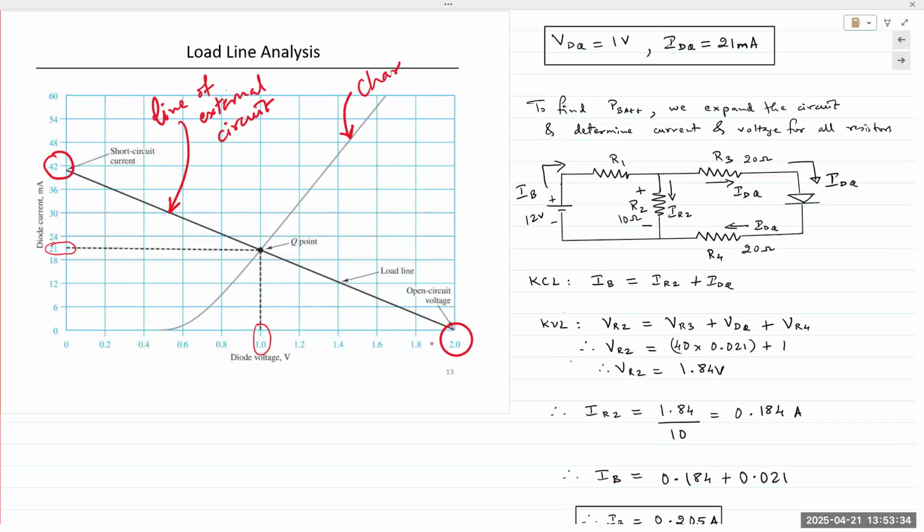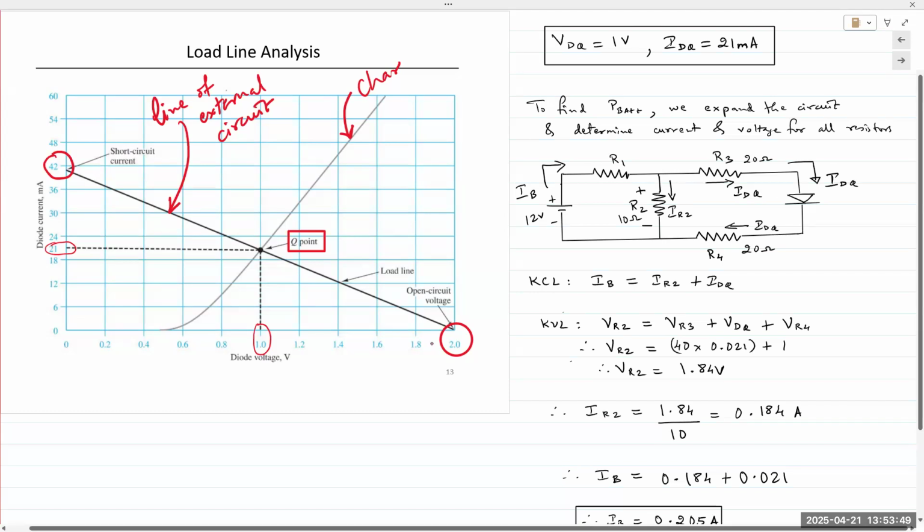The intersection of those 2 gives us the solution or the operating point.